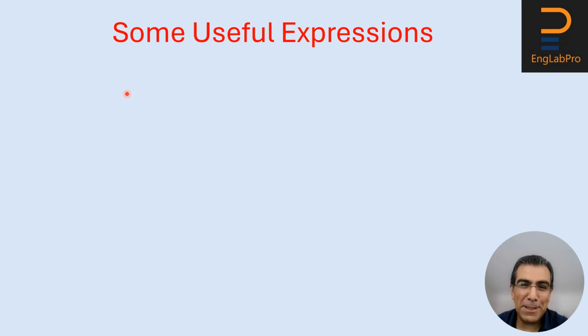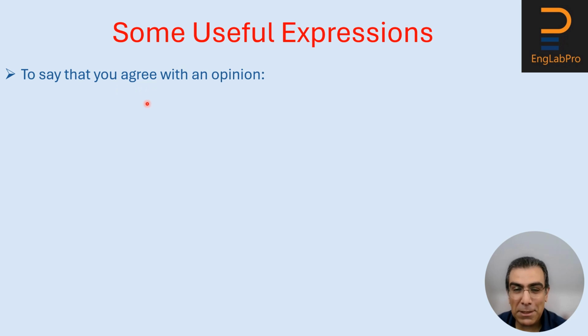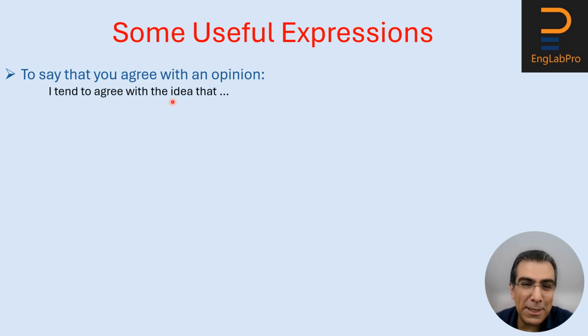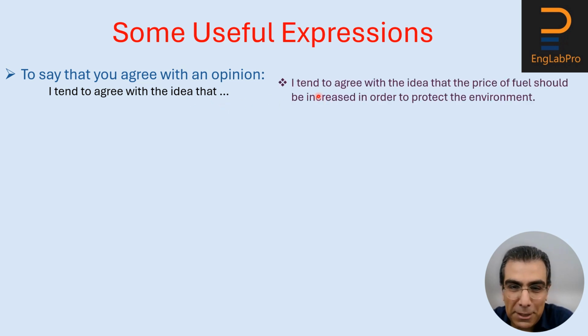Here we're going to take a look at some useful expressions that can be used in IELTS writing. Let's start with these. When you want to say that you agree with an opinion, you can use these expressions. You can say, for example, "I tend to agree with the idea that," and then you have a that clause here, so there should be a full sentence, a subject and a verb. Let's take a look at an example. "I tend to agree with the idea that the price of fuel should be increased in order to protect the environment."